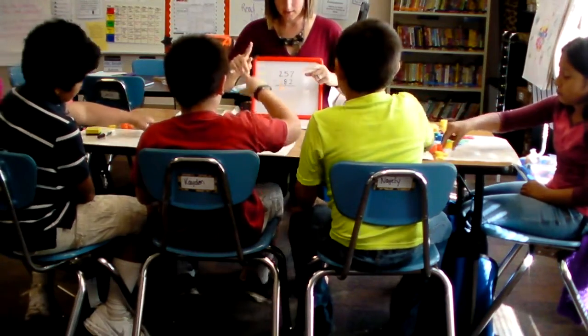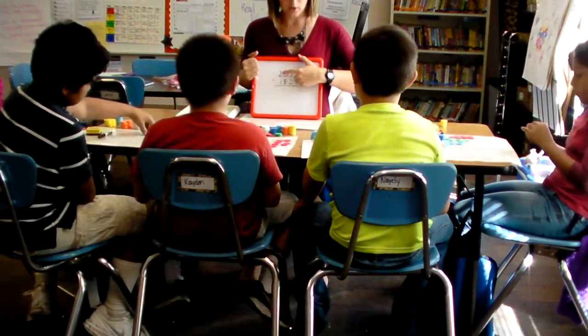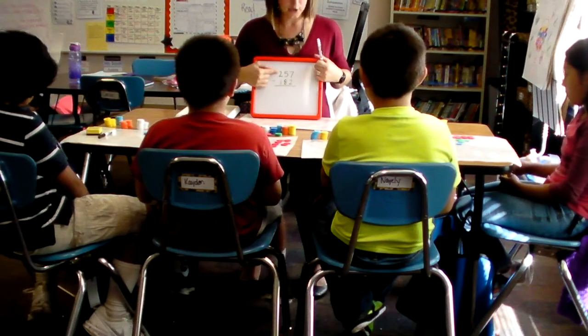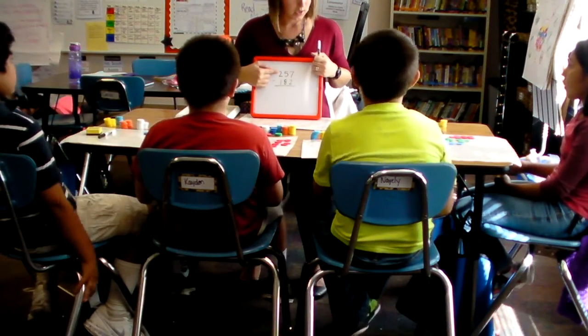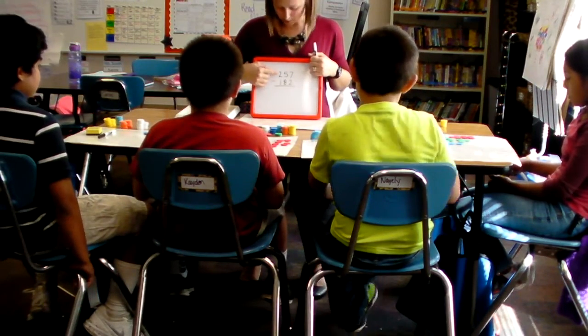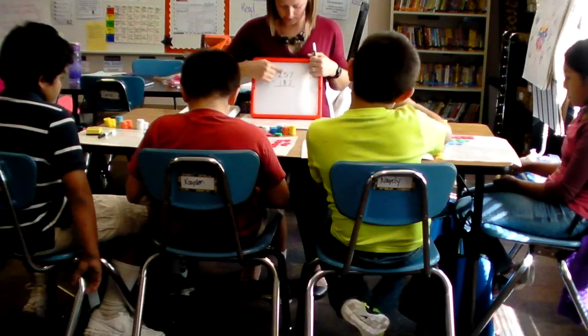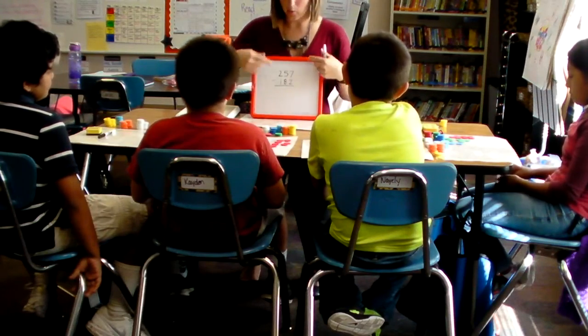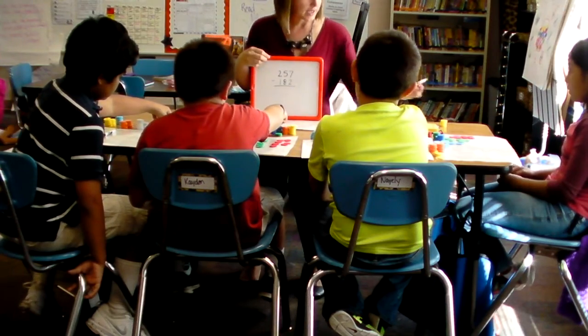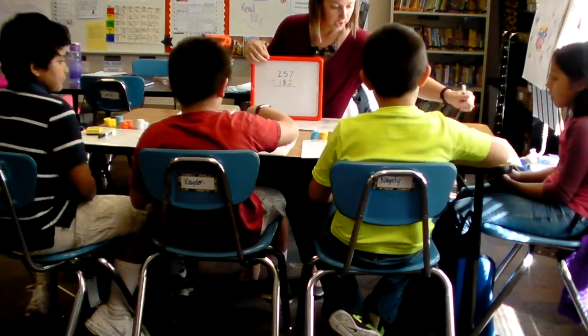So we need to go next door and borrow 1 unit from the hundreds. And how many tens are in 100? 10. So if I borrow 1 from the hundreds, we take away 1 from the hundreds.